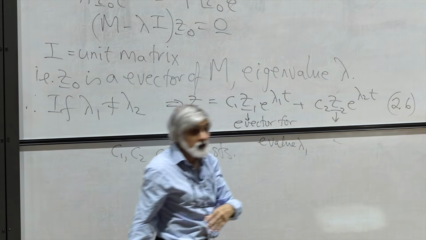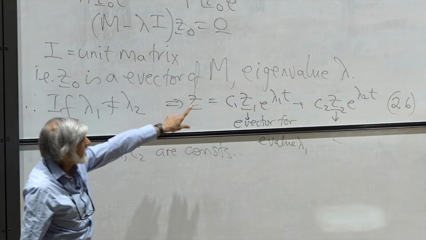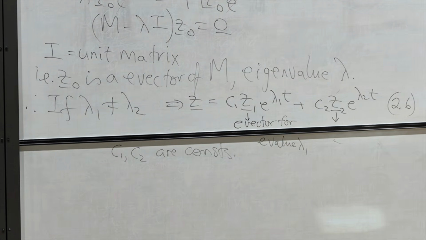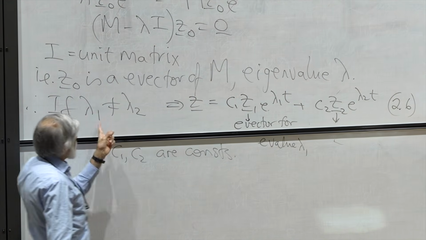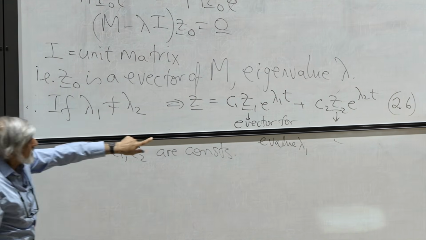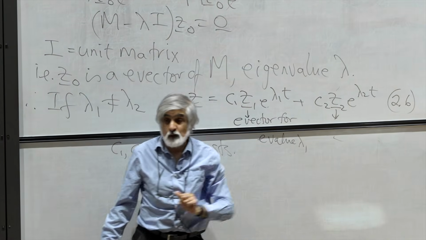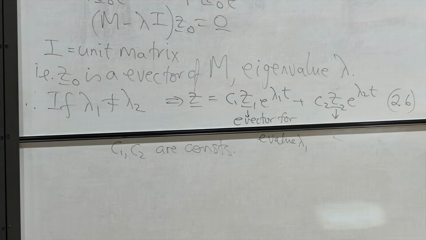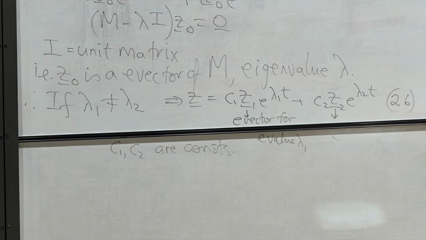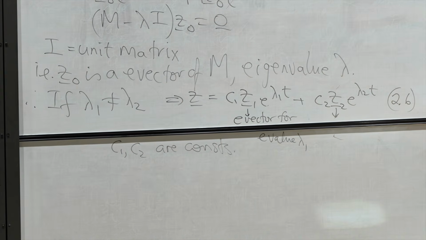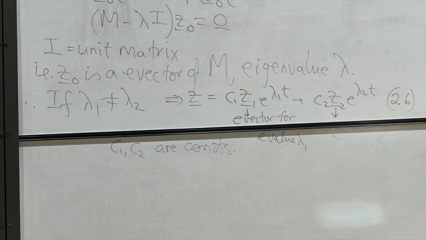Likewise for this, and because it's linear, any linear combination is a solution. Okay? And then you should know that if lambda 1 is not equal to lambda 2, then z1 and z2 are independent of each other, so this is the full solution. So they're like a basis for R2, and this is the solution.